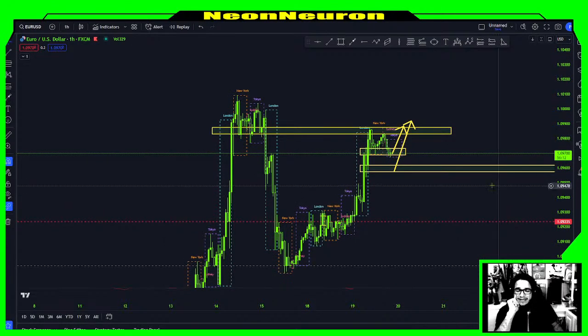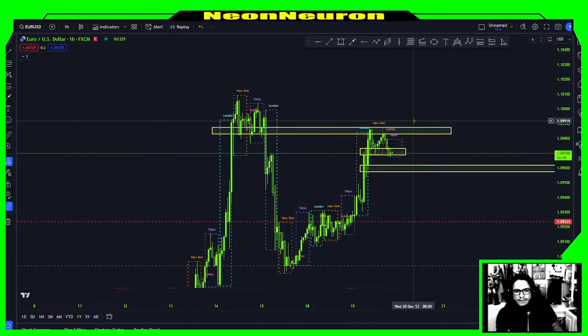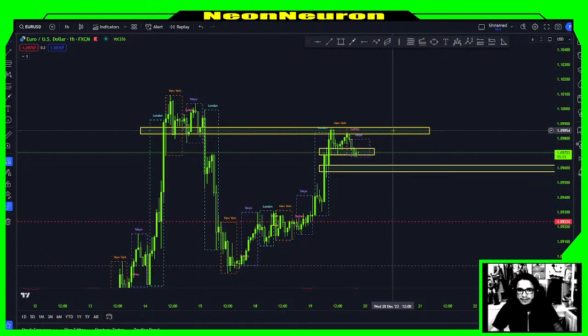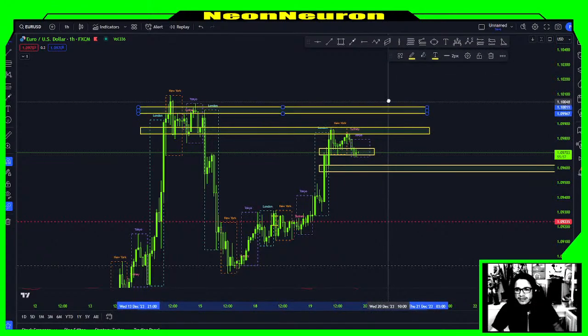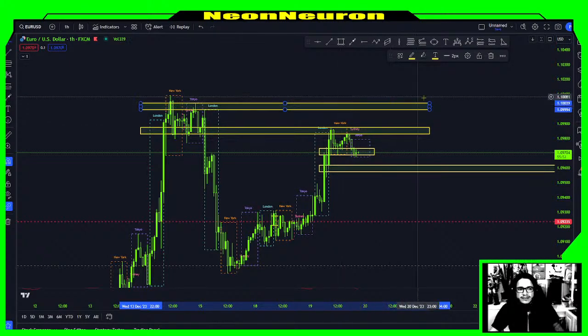So here we are now. We are looking for this to happen. We're looking for a 28 pip trade from here to here. But ideally, we do want it to break this. See, break from here. We want it to go above here.